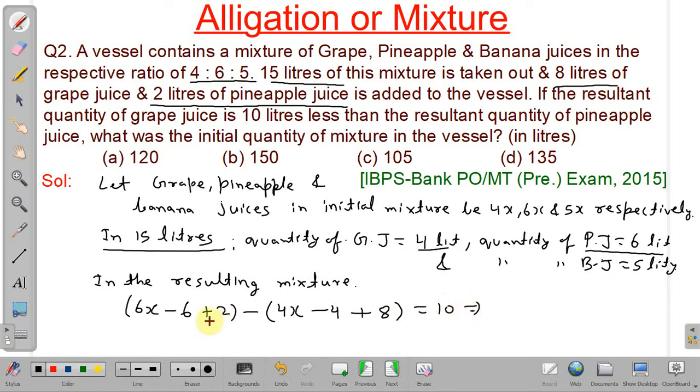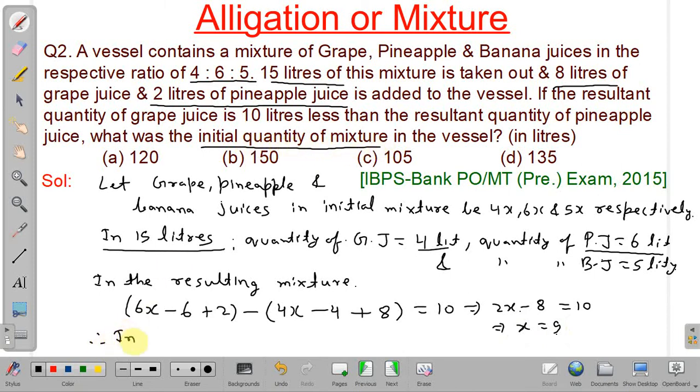So solving this, we will get 6x minus 4x, that is 2x, minus 8 equal to 10, and 2x equal to 18, so x will be equal to 9. Now we have to find the initial quantity of mixture.